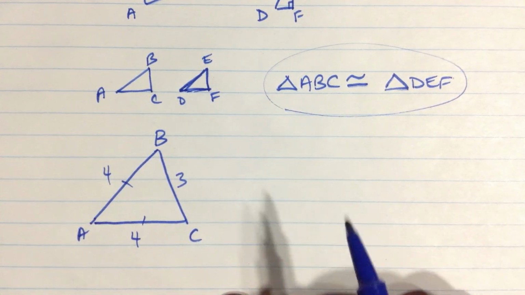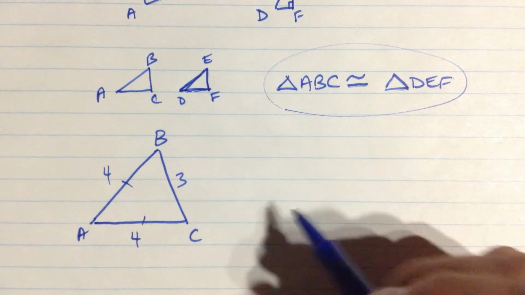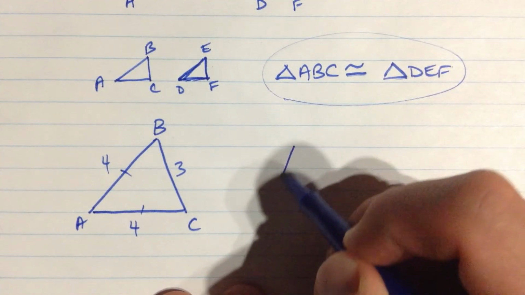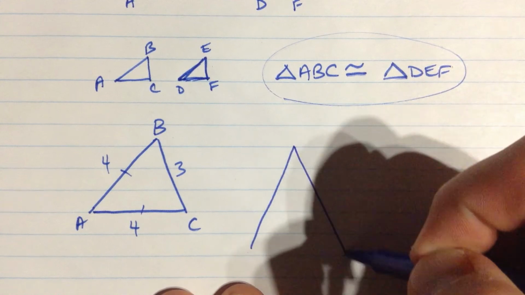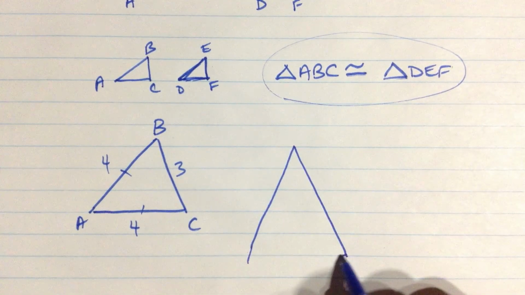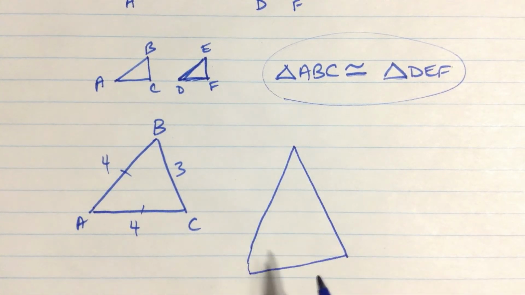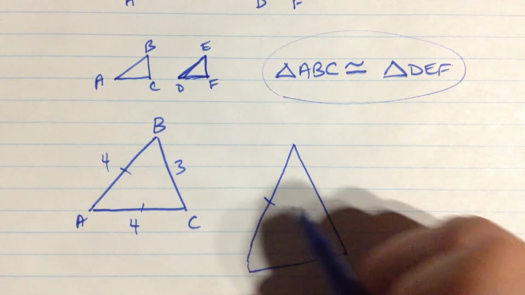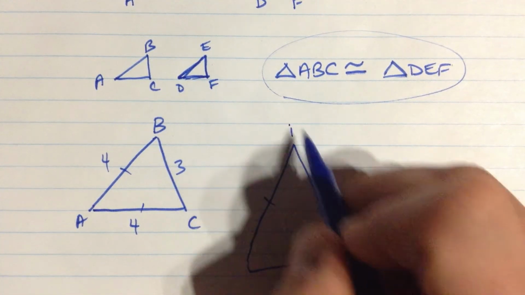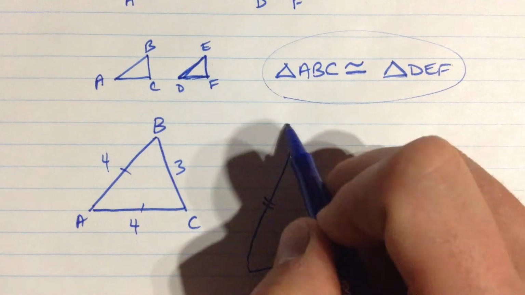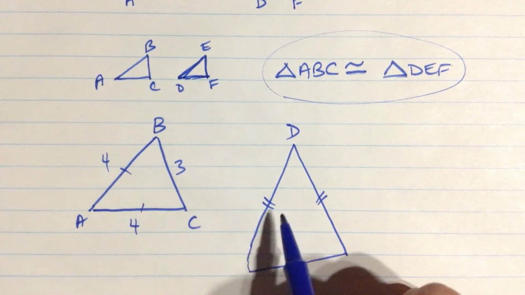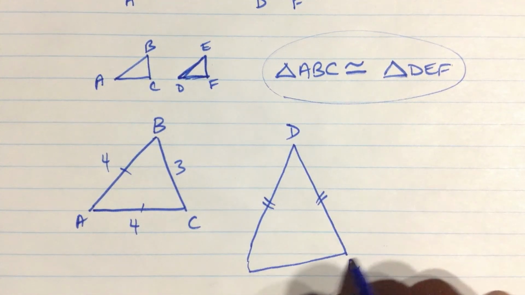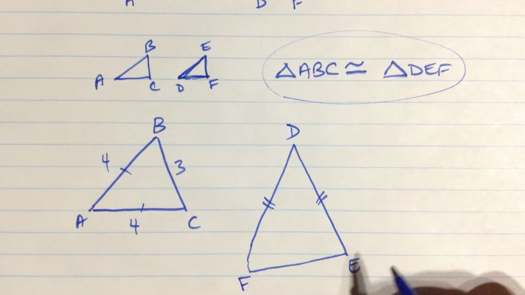And I have another triangle which I draw over here with a terrible diagram, and it looks like this. Very, very bad diagram, but I also say this is an isosceles triangle. 2 tick marks this time because it's not the same length as these. And let's call this one DEF.